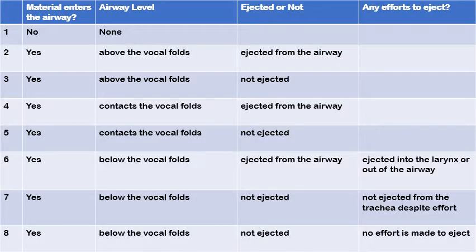The penetration aspiration scale is an 8-point scoring system reflecting the severity of aspiration by the depth of the invasion of the aspirate material down the airway.